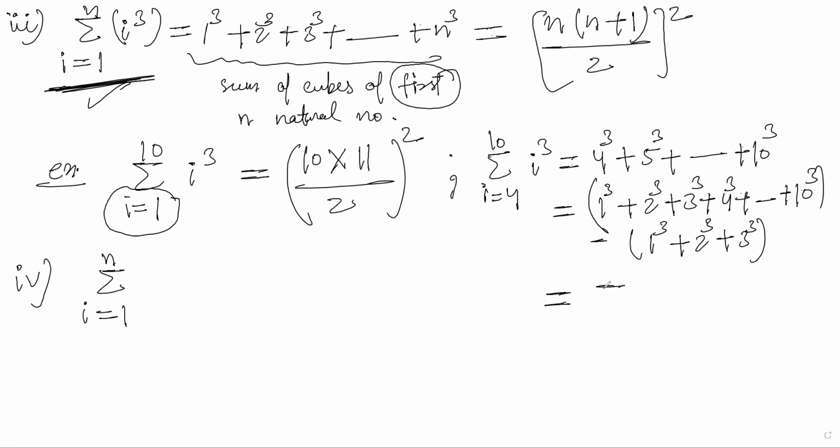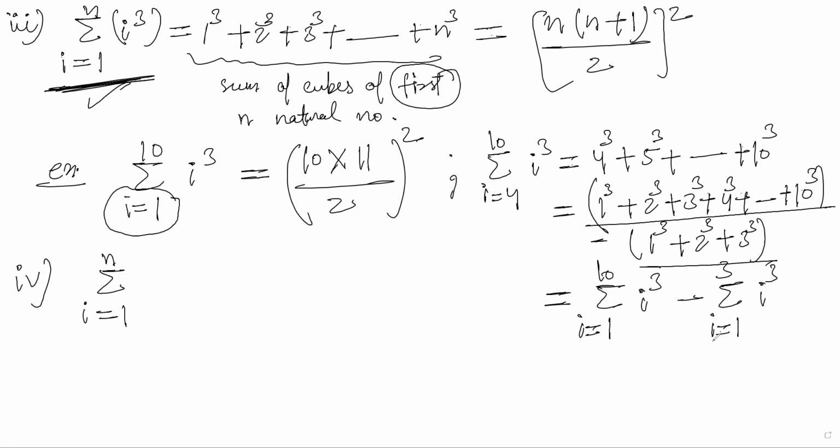Yeah, so we can actually write it as sigma I is from 1 to 10, I cube minus sigma I is from 1 to 3, I cube. This is the sum of cubes of first 10 natural numbers, and the second expression inside bracket is the sum of cubes of first 3 natural numbers.